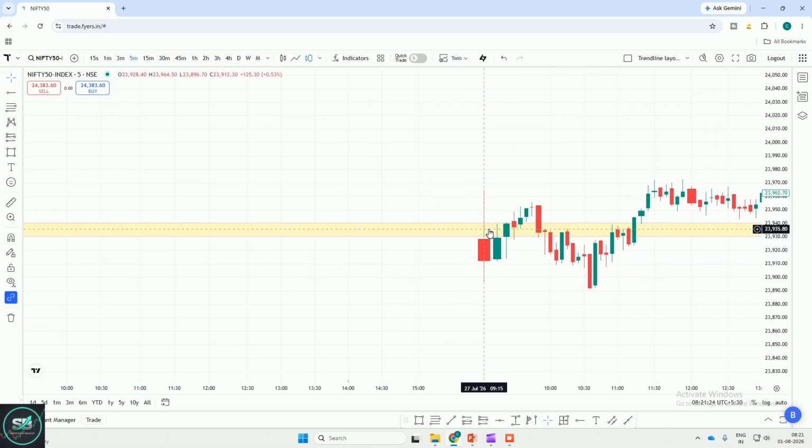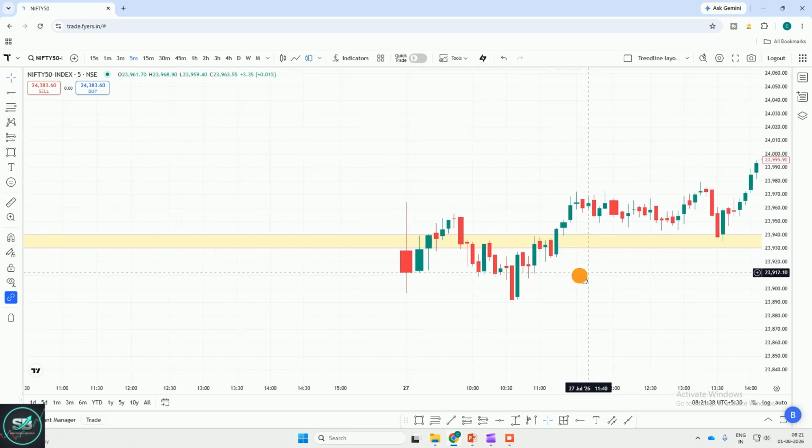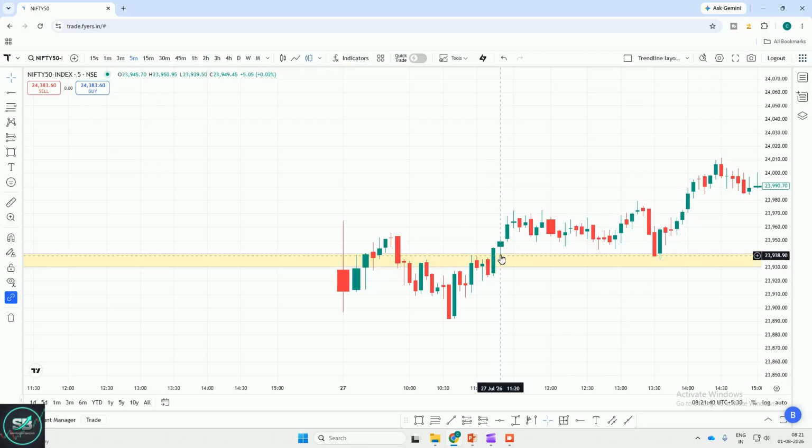If you see here, price came, tested this, and this was acting like a resistance for some point of time, and price broke up, came down again. This was acting as a resistance, and finally when it broke outside here, it created an FVG again when it broke this resistance. Now this FVG was acting like a support.